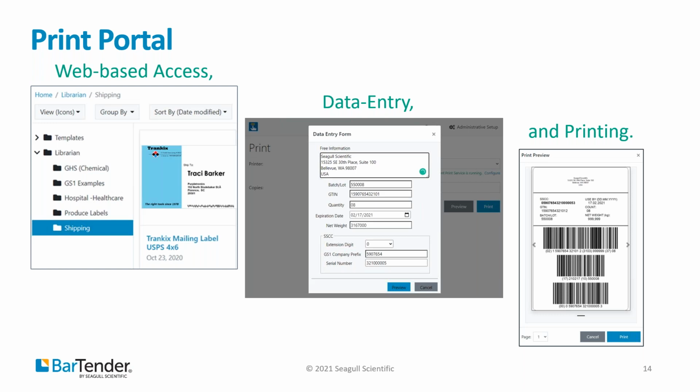Print Portal is another capability also in Enterprise, and that is basically web access. Oftentimes, as I explained earlier, your employees may be working with Android tablets, but they need to print from BarTender. Rather than going back to their computer and pulling up BarTender, Print Portal can give them the ability to go to an internal website, find the right label, enter in the information, and then generate a print.